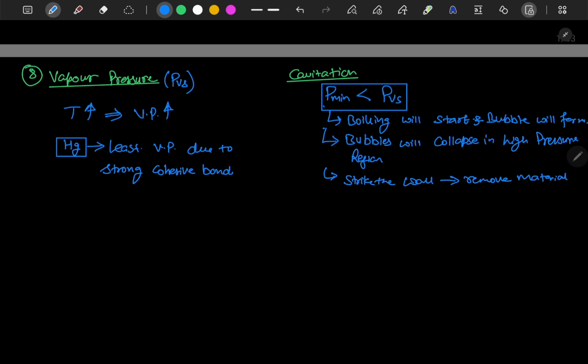Okay, and this phenomenon is called cavitation.